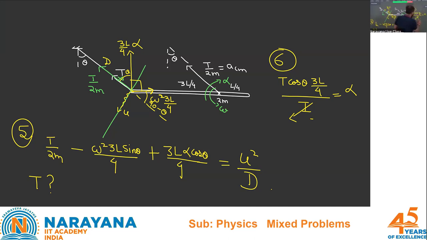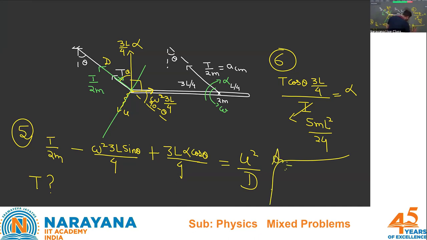I, which was 5mL square by 24. This was I about the center of mass. So you use alpha in terms of T here. Now omega and u are already known from the previous page. Substitute everything, you'll get your answer for T. You can verify afterwards. I'll just write the final expression.